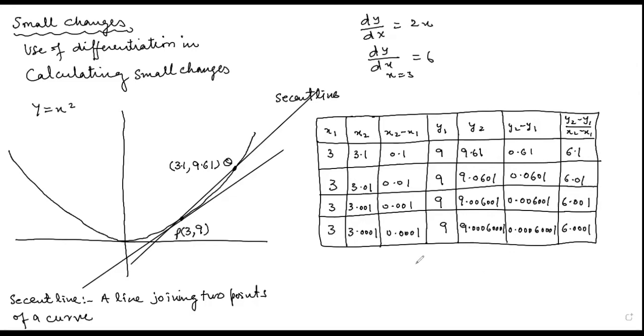The new secant line is now this. I will draw the new secant line. The point Q is very close to point P, that is at this place very close to point P. Points P and Q are very close to each other. Now can you see that the secant line will become the tangent line?